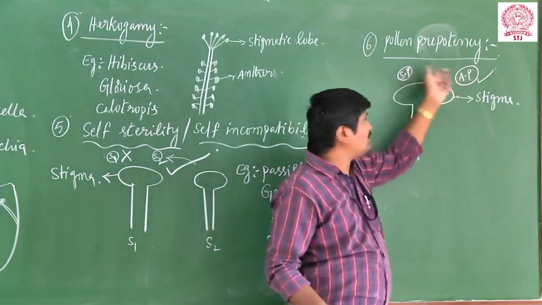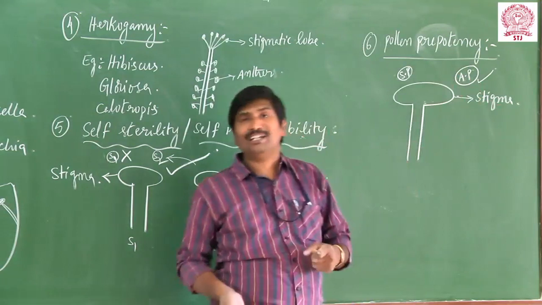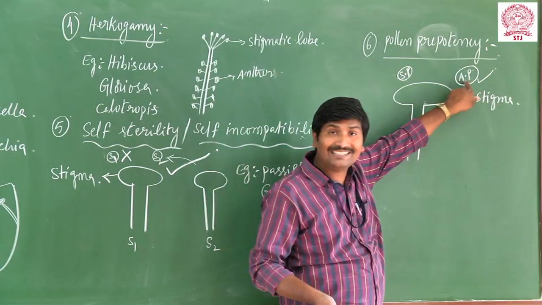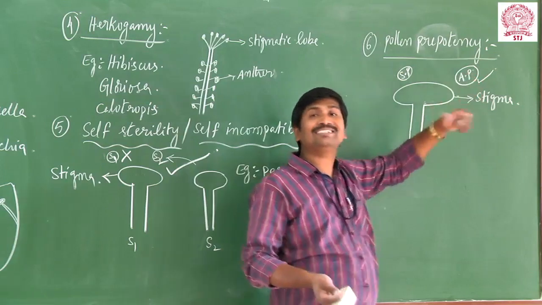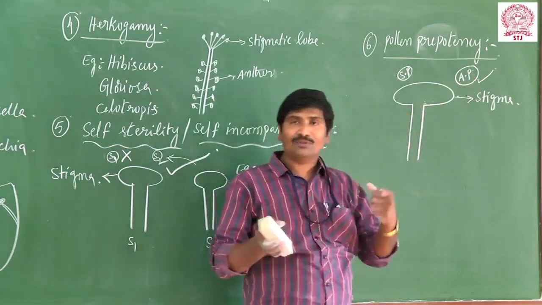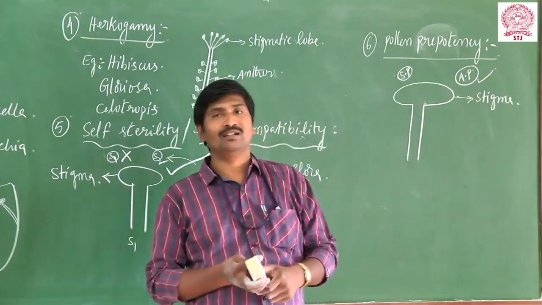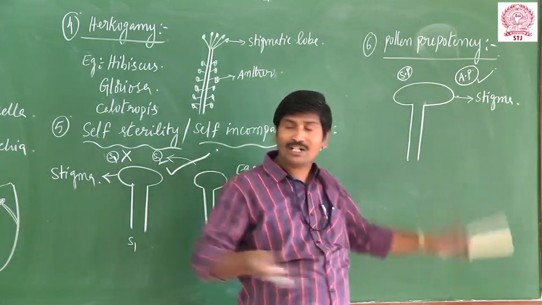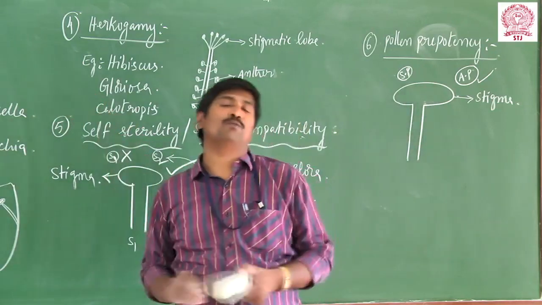When both land on this stigmatic lobe, which pollen grain germinates first? The pollen grain from the other flower. It also prevents self-pollination and promotes cross-pollination.